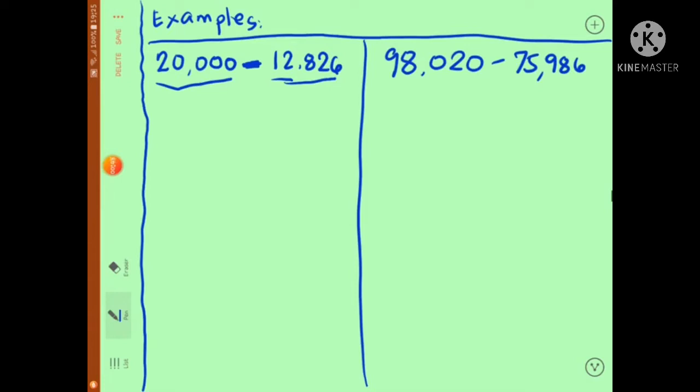So I will write first the 20,000, that is what we call the minuend. Then our second number, which is 12,826. And of course, do not forget our symbols.